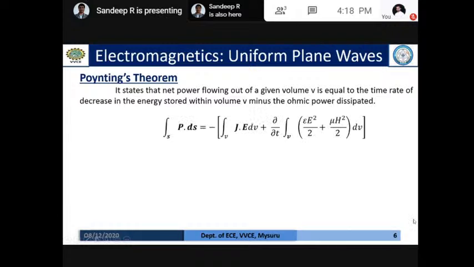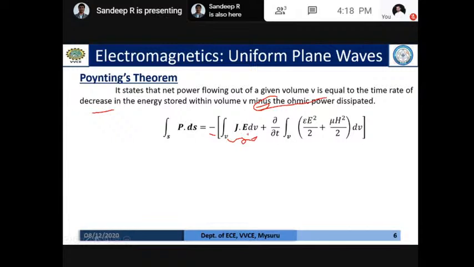This is the integral form of Poynting theorem. So P dot ds is the net power flowing, which is given by the negative sign indicating decrease in the energy stored, minus the ohmic power dissipated.